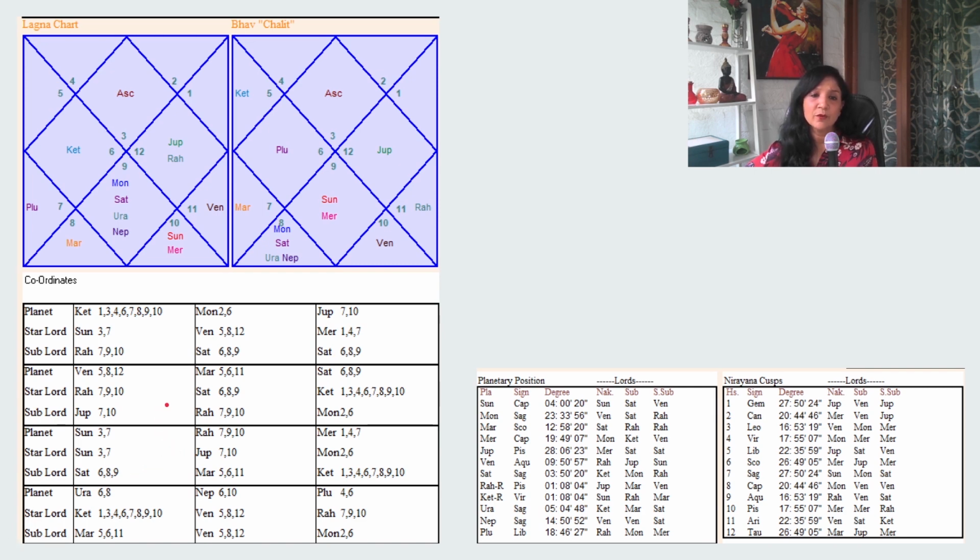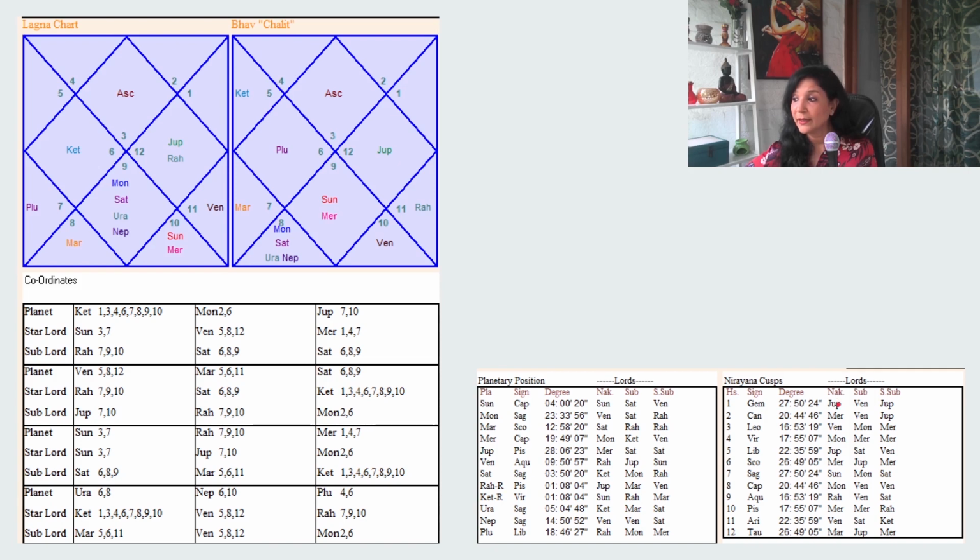Now in this chart we have to check 5 scripts. Like I said, we will get the clear picture and then check running timeline. Lastly, check transit sign of Antardasha. This will give complete details. And always read script, like see the self-significator. Check the star lord planet in the cusp. Like this is the star, so you have to check star lord in here also. Sublord level and nakshatra level also.